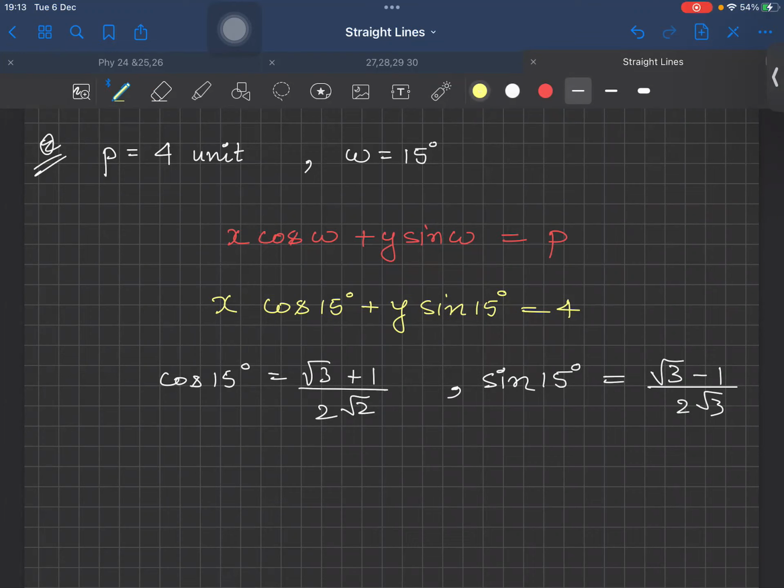So you can write root 3 plus 1 upon 2 root 2 x, okay, plus root 3 minus 1 upon 2 root 2 y. This is equal to how much? 4.